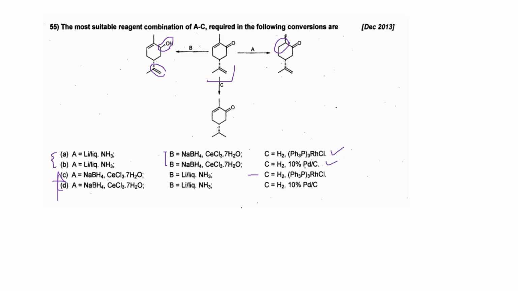As this is just a double bond reduction, the reaction will go through option B, H2 Pd, because the Wilkinson catalyst will not reduce this double bond. So the correct option will be option D. Okay.